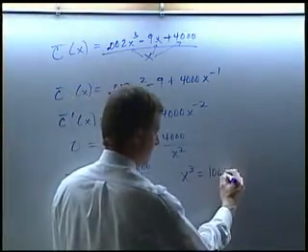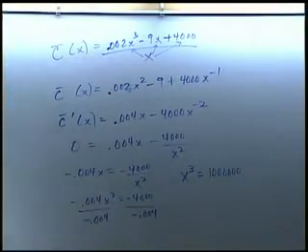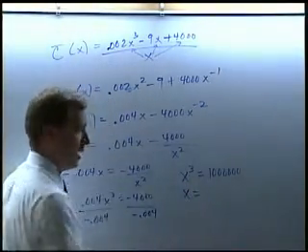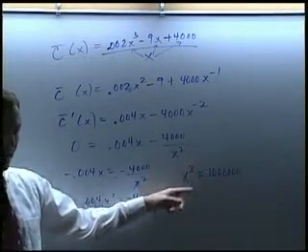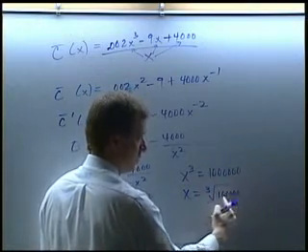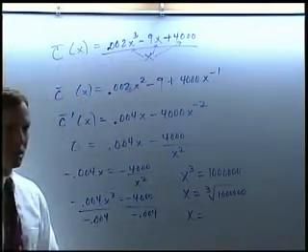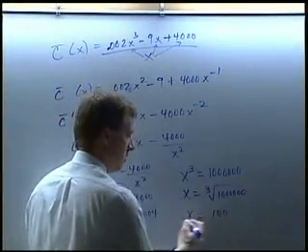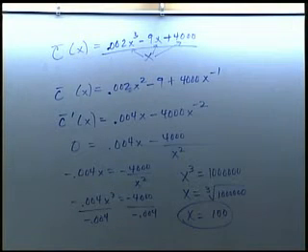Okay. And then how do I solve for x? How do I get rid of this third power? Third root, right. So I need to take the cube root of 1 million. 1, 2, 3, 4, 5, 6. And the cube root of 1 million is a pretty nice number. 100, yes. So x equals 100 is my critical number.